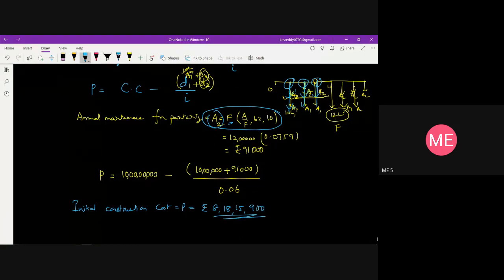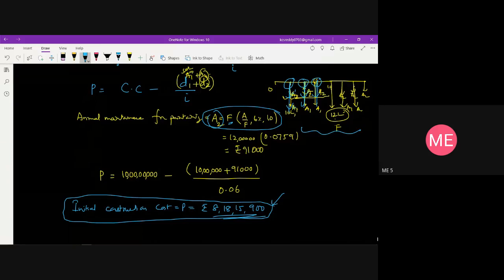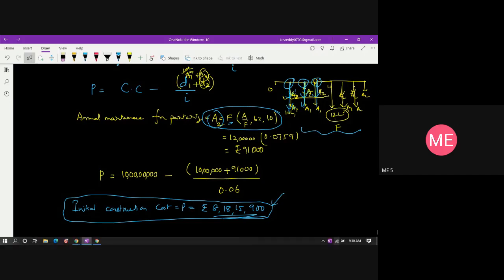This is the fund to be deposited to earn the interest for the sake of maintenance, to take care of this project, block or building. So this is how we can handle assets with infinite lives.